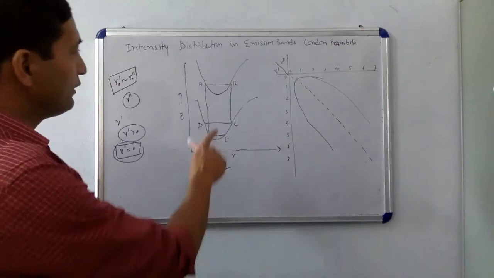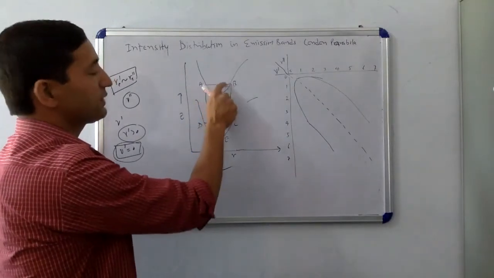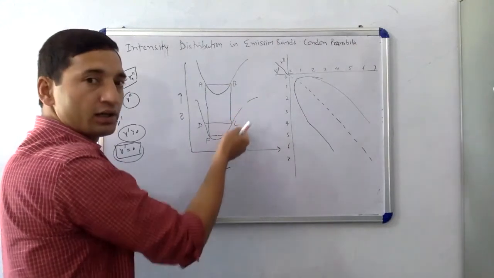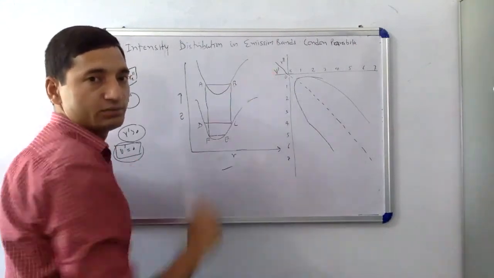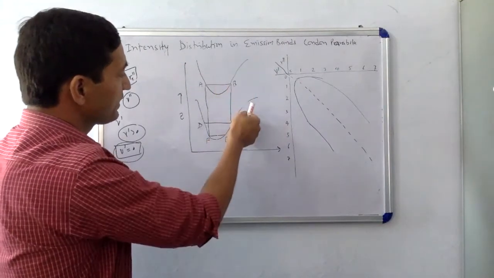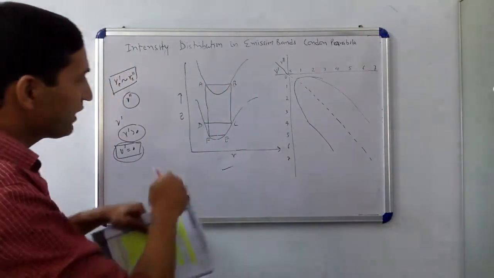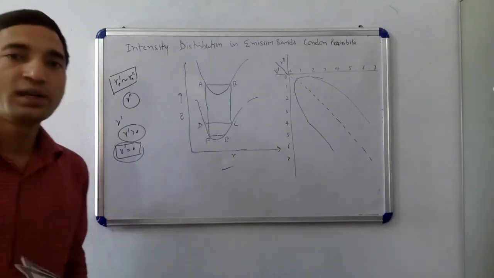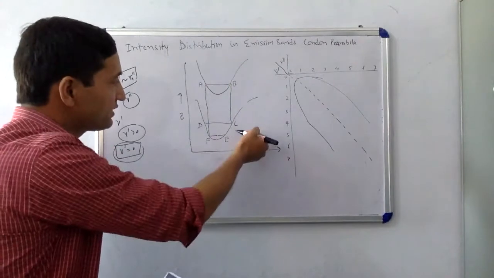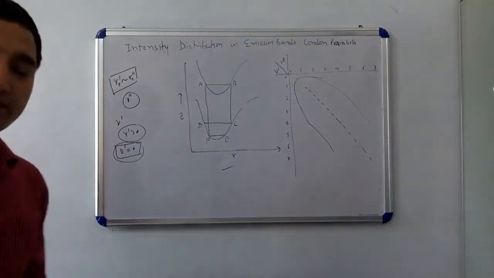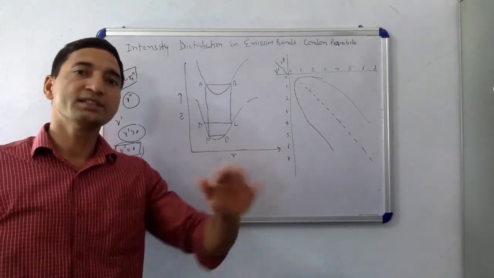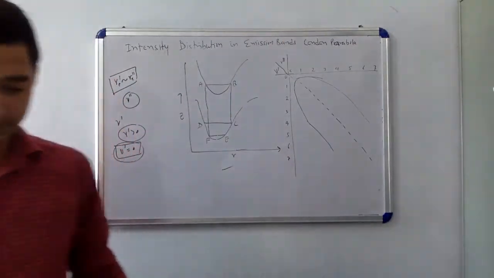If the value of nu prime is increasing, the point C moves very fast, so the state will be somewhere here, and for another level somewhere here. So the separation will increase as we increase the level of nu prime. It means you are getting two intensity maxima, and the separation is increasing as you go to higher levels.